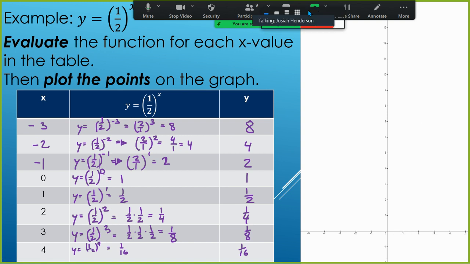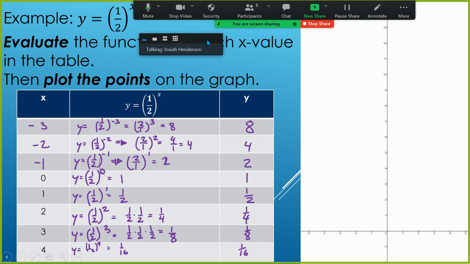So now we have enough points that we can plot this and get an idea of what it looks like. Remember, we're looking at the x and the y. Starting from the top, we've got negative 3, comma 8. So negative 3 and then up 8. I'll label it.